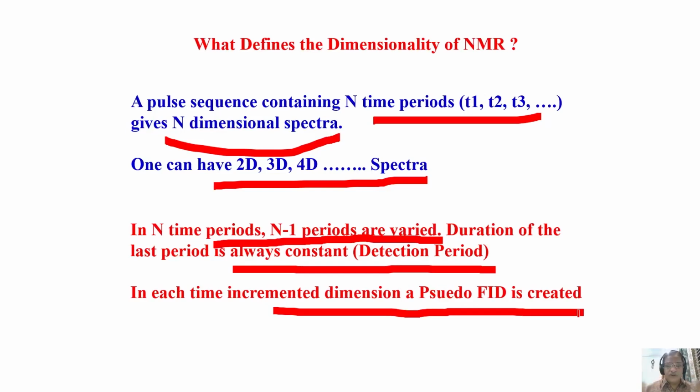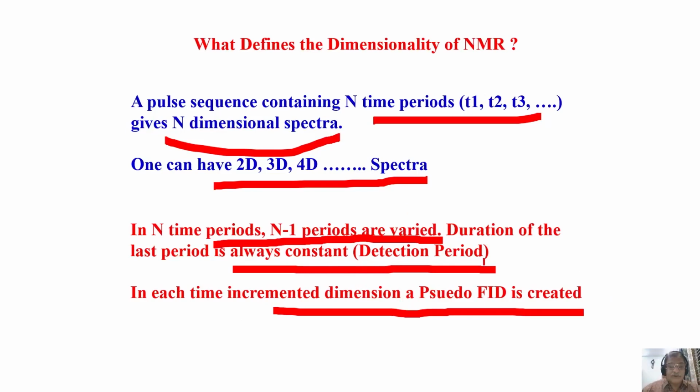So we created a pseudo FID in the time domain, and in the T2 detection period, we have a regular FID. Same way, if you have n time periods, you have n-dimensional spectra, and n minus 1 pseudo FIDs are created, and the last one is the real FID we collect in the detection period.